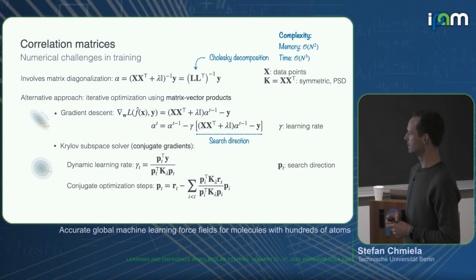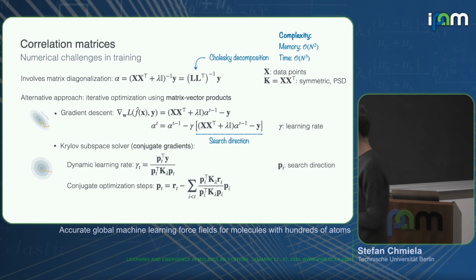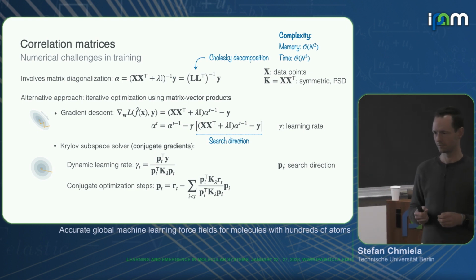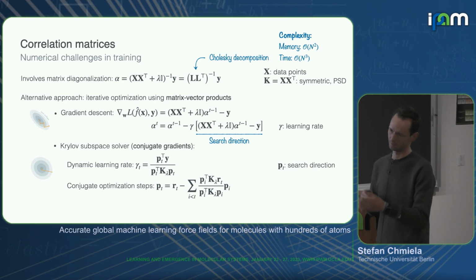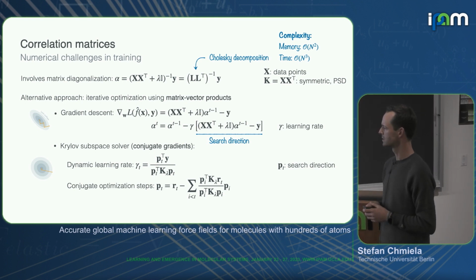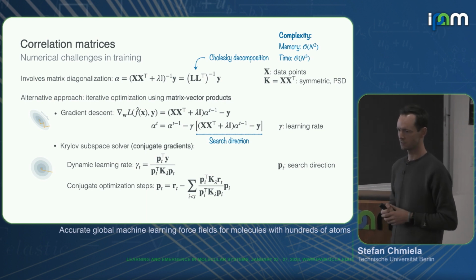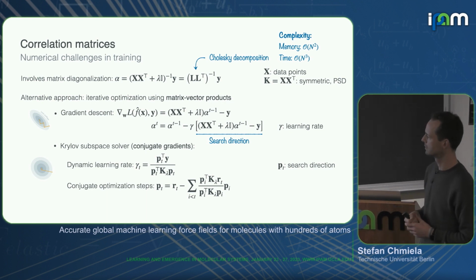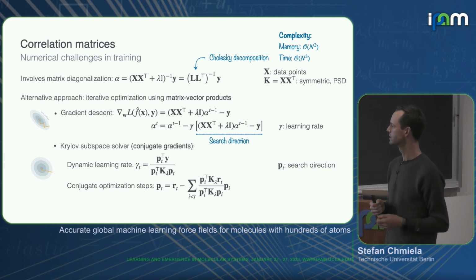So you can try to be more efficient by exploiting the properties of this kernel. Instead of randomly walking along the gradient, you can compute an optimal learning rate at each step, and also you can make sure that you don't walk into correlated dimensions, right?